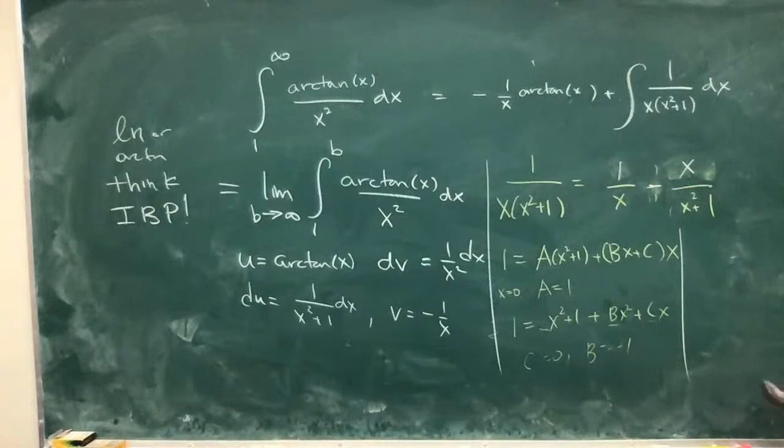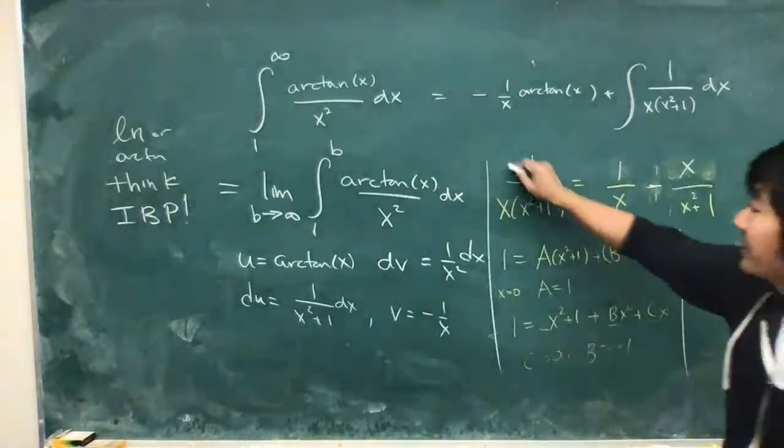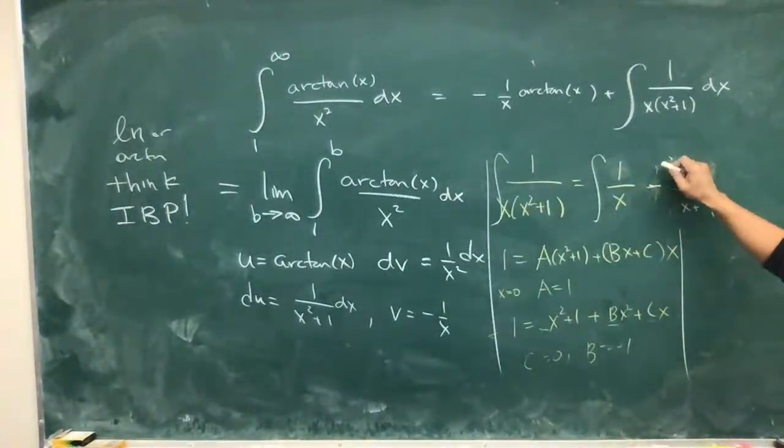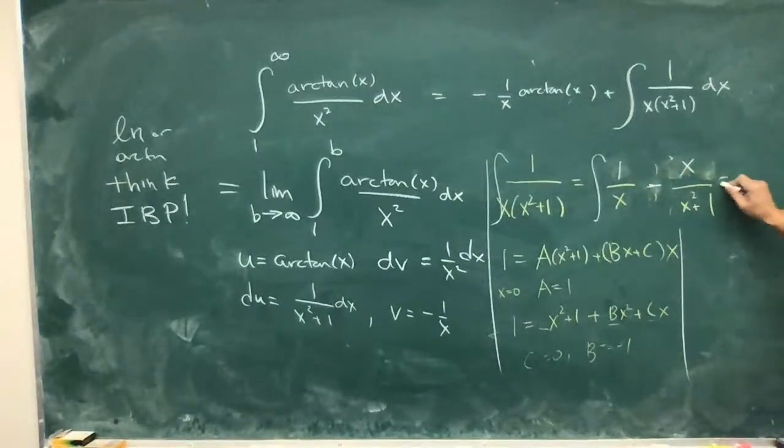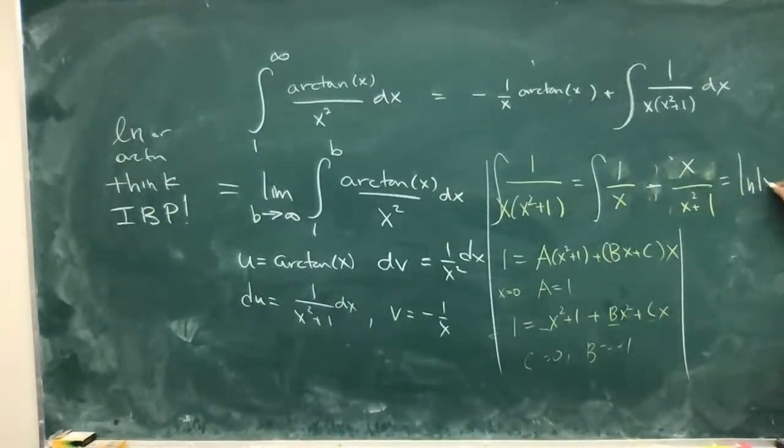Anyways, so if we integrate this, then this is going to be natural log of x minus 1/2 natural log of x squared plus 1. So in the end, you get something like this.